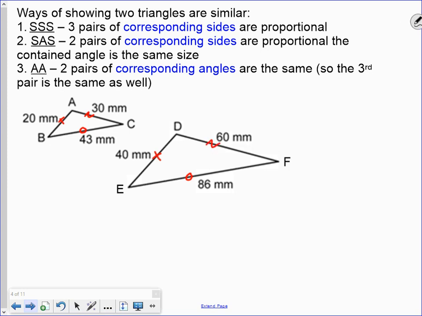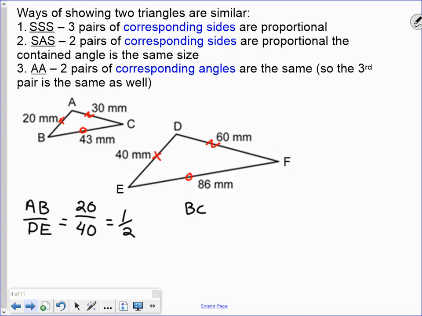So when we look at the lengths of corresponding sides, AB over DE, AB has a length of 20 and DE has a length of 40. So the ratio of those sides is 1/2. We should get this same ratio between our other pairs of corresponding sides if the triangles are in fact similar.